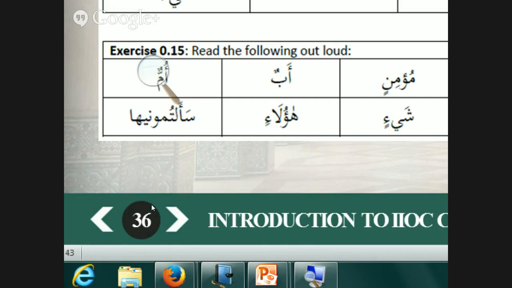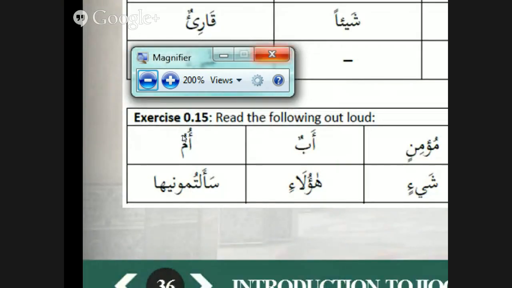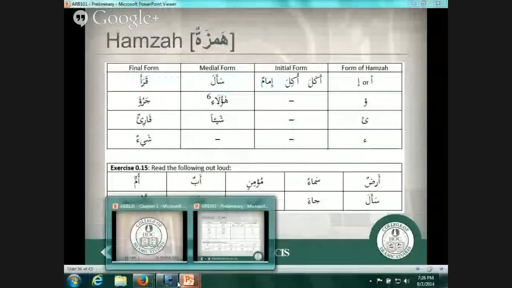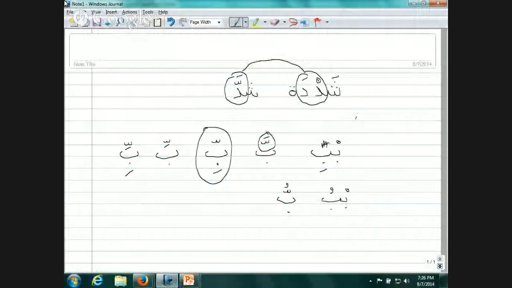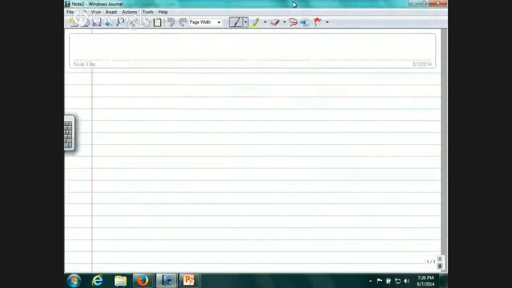Right? So let me explain to you what that means. Let's remove the magnifier here. Okay. That means if I write this, even this is also another rule. If I have a fatha followed by an alif, I get a long vowel, right?